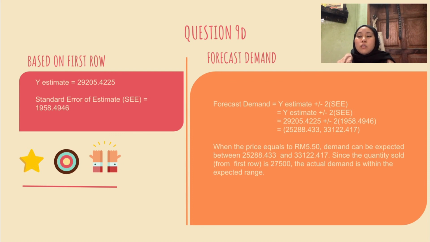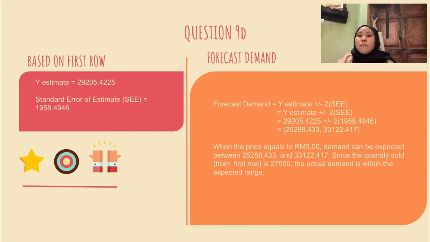33122.417, and 29205.4225 minus 2 times 1958.494582 is 25288.433. So the 95% confidence interval estimate forecast of y is 25288.433 to 33122.417.